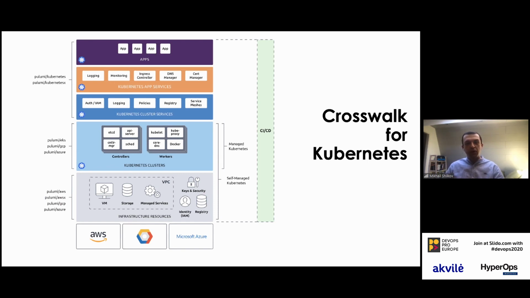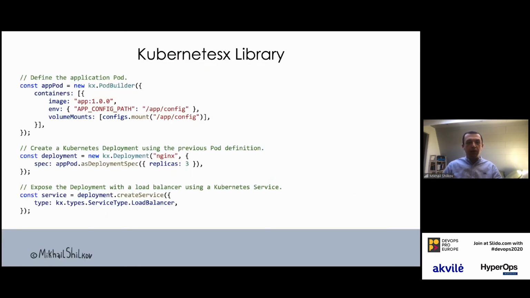So cluster provisioning will look a lot like what I showed before. And for applications, we actually have a separate library called Kubernetes X, where you write the resources that you normally define in your YAML files, but now you can write them in TypeScript with all the IntelliSense and IDE support. And it becomes very concise, because this is an example.